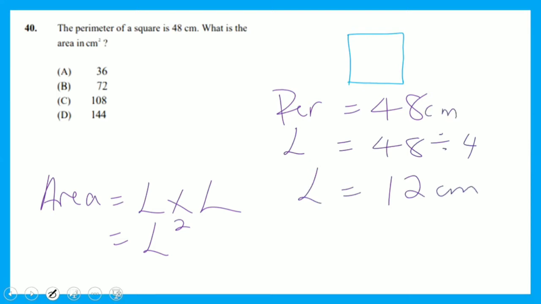To find the area, it's going to be 12 squared, and we end up with 144. You won't see squared centimeters in the answer because the question already said it. That's it for our first question.